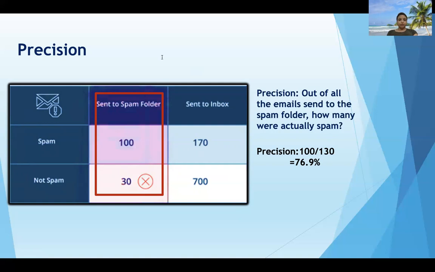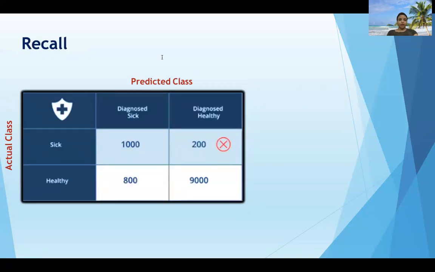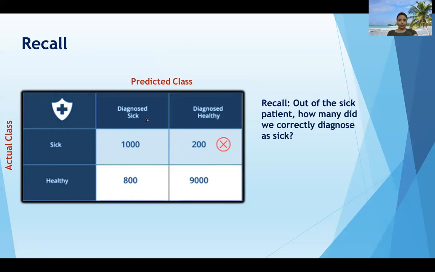Now look at the second metric, which is recall. Here again we will take the medical model. Recall is defined as: out of all the points that are labeled positive, how many of them are correctly predicted as positive. In this model, recall means: out of all the sick patients, how many did we correctly diagnose as sick? The answer can be calculated from this row.